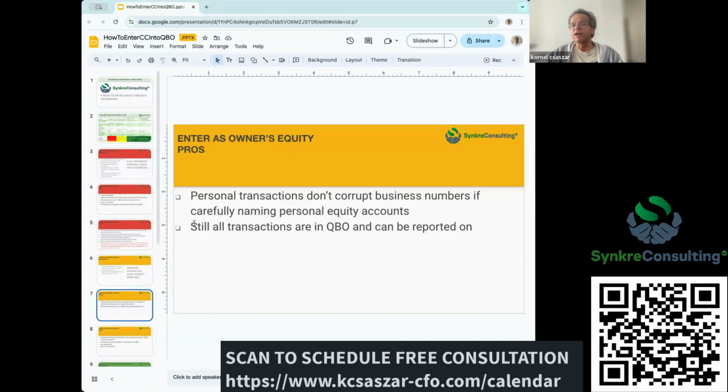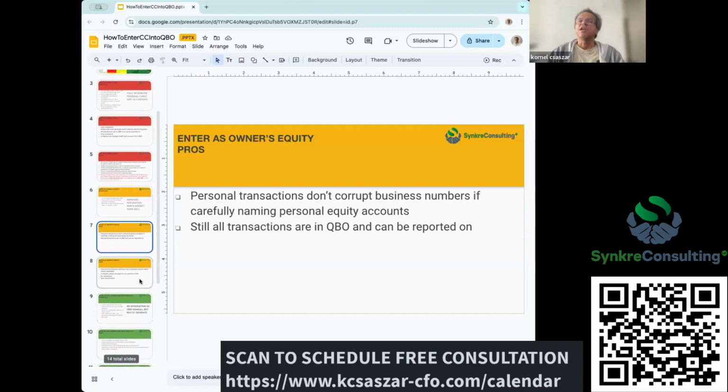Unfortunately, also the reportability of your non-business-related spending. But as a pro, what we care about is that the reportability is there, similarly to the other option where you imported them as credit card accounts.